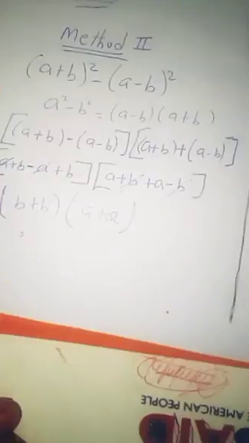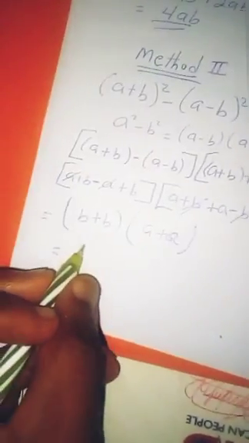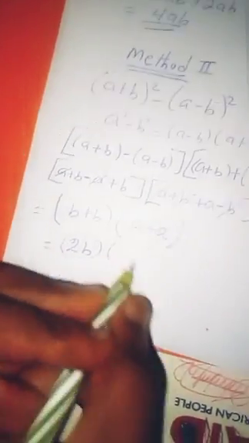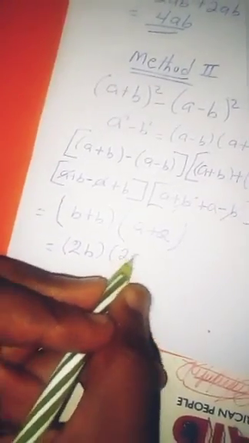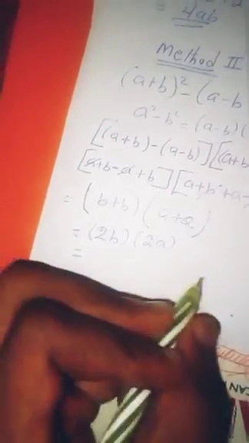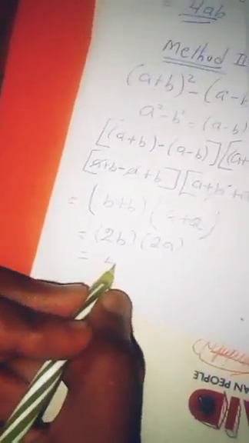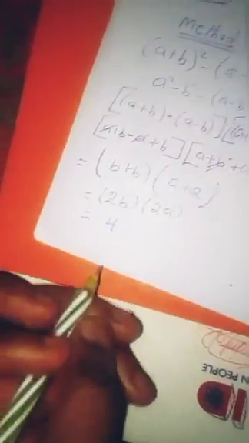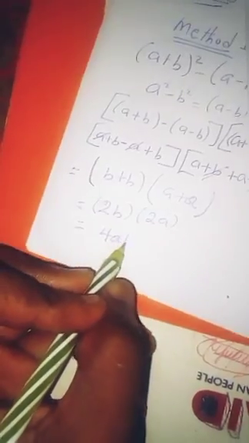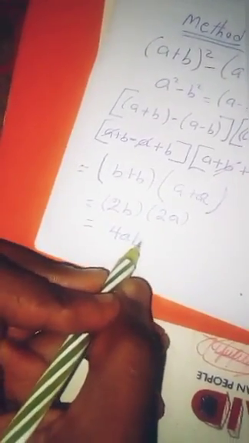B plus b gives 2b, and a plus a also gives 2a. Therefore 2b times 2a: 2 times 2 is 4, and b times a is ab.